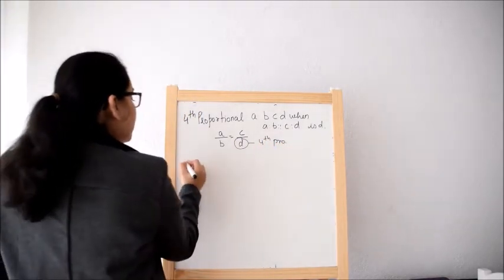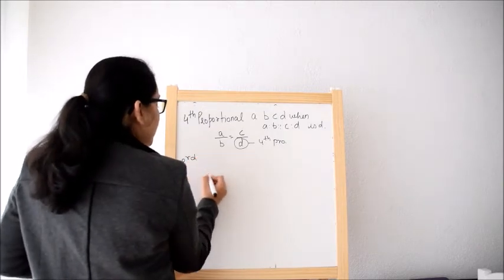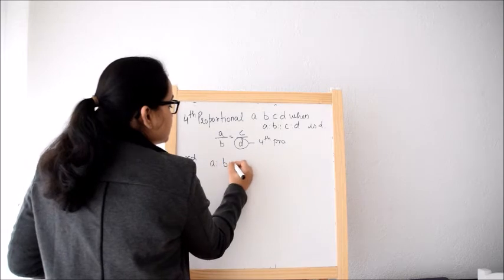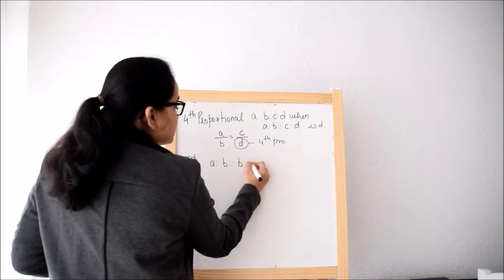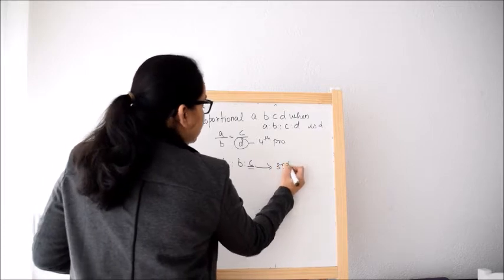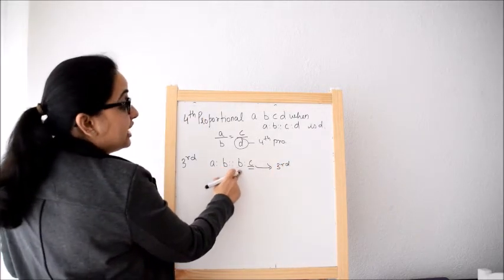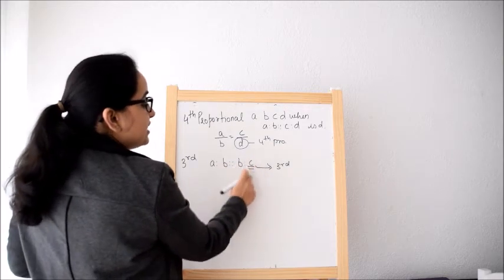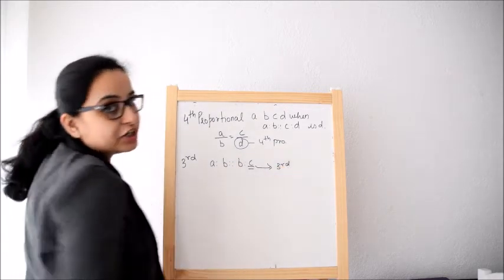Okay, now what is third proportion? When you know that A is to B is same as B is to C, then C will be third proportion. Okay, when the mean terms are equal, then the last term will be the third proportional.